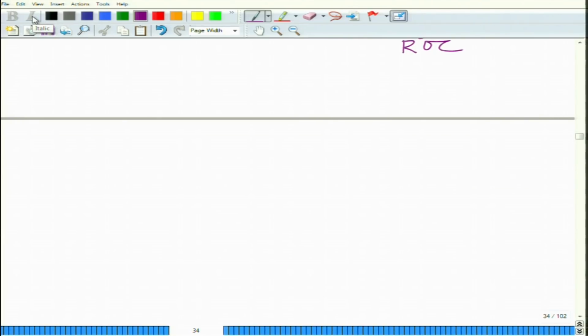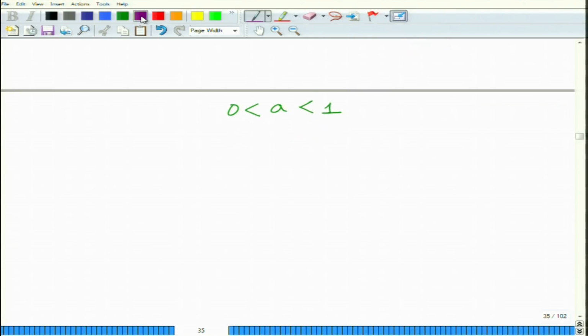Okay. Let us consider a to be a real quantity less than 1, consider 0 less than a less than 1, then we can plot the ROC.